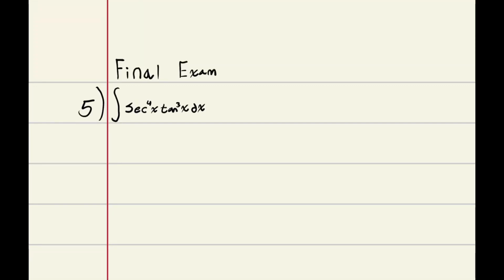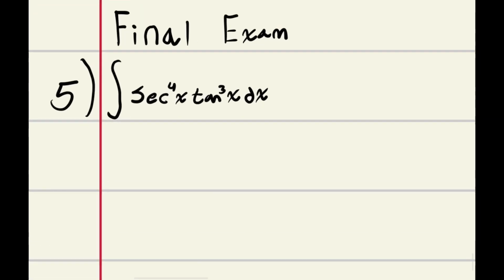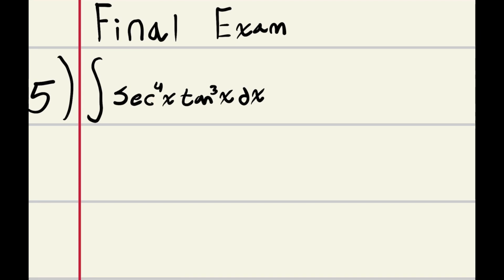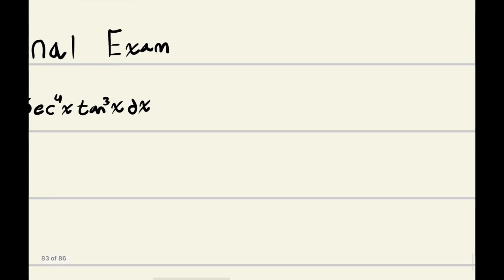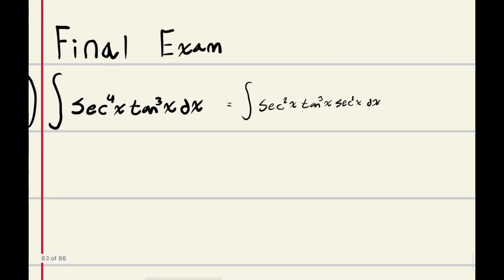All right, we'll continue with question 5, which is the integral of secant fourth x times tangent cubed x dx. We can rewrite this as secant squared x times tangent cubed x times secant squared x dx, and we can see that those are the same.